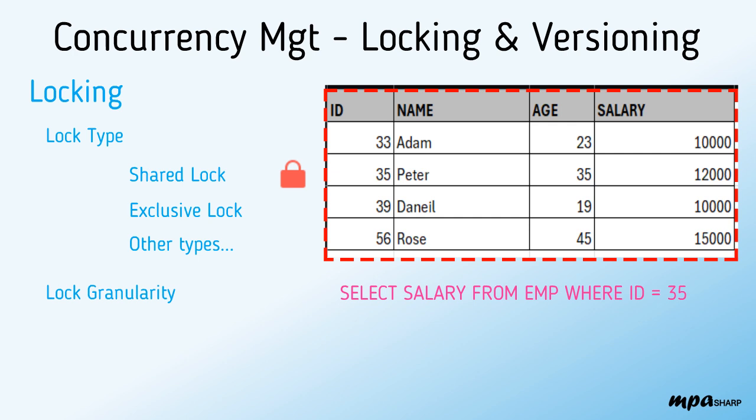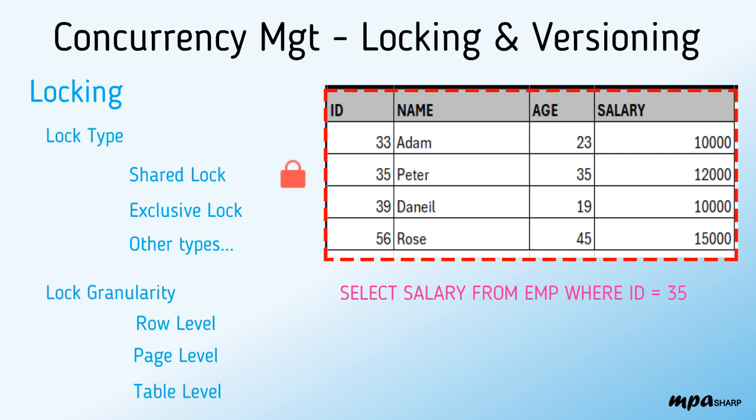In other words, SQL Server locks the whole table, so no other transaction can interfere with the records in the whole table. There are many levels of granularity. For example, row level, page level, which locks several rows in a single page, and then table level. There are more which we will discuss in later modules.